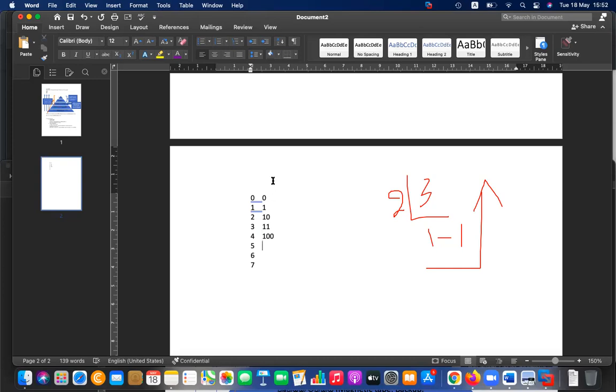So 101. 6 in binary is 110 and 7 in binary is 111.